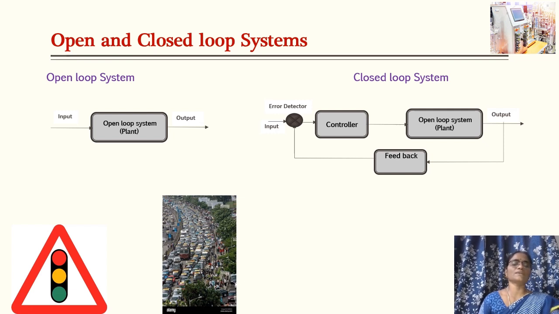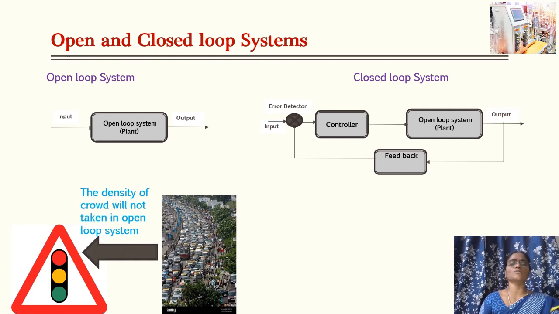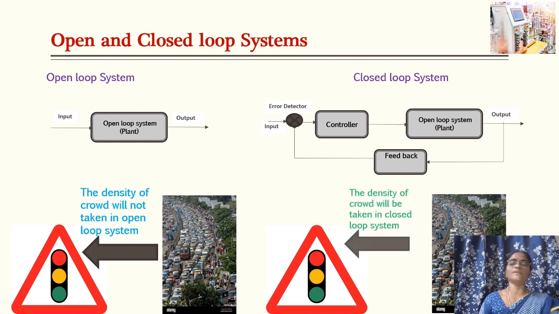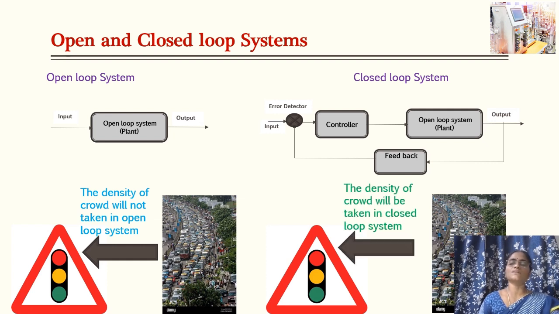For every 30 seconds, the system will automatically open and close. But in the case of a closed loop system, the same traffic signal takes the density or crowd of people into account. Based on the crowd or density of the people, the traffic signal will work. That is nothing but a feedback system.